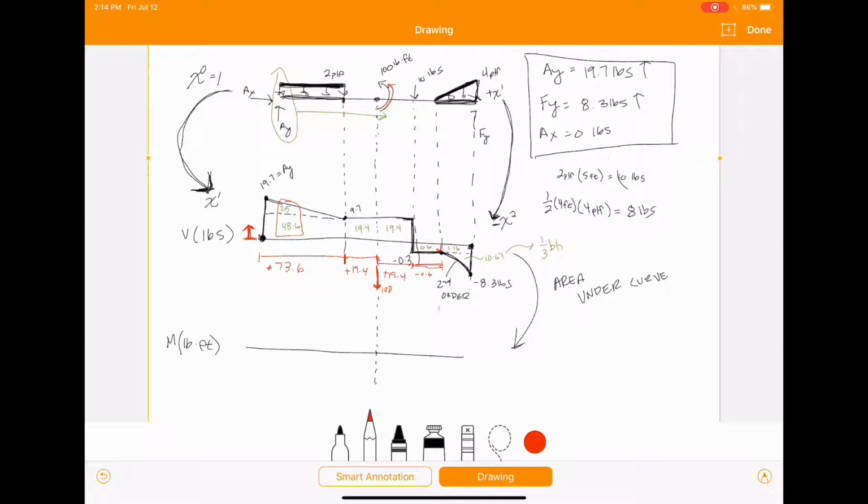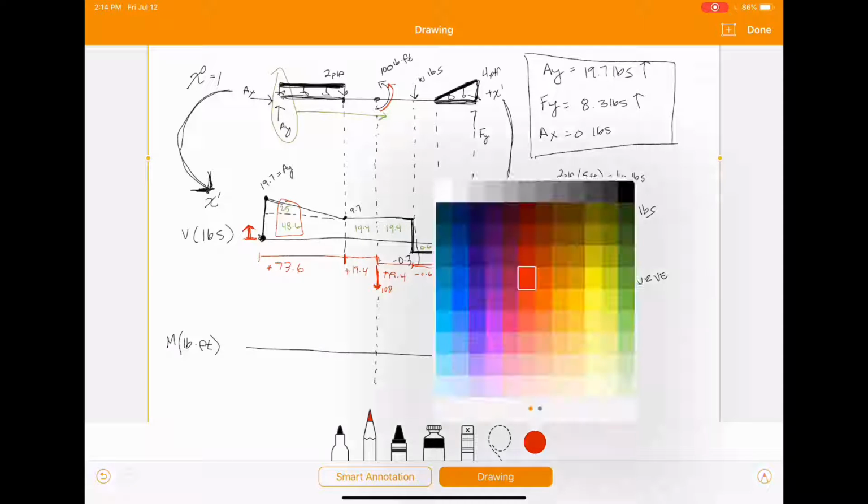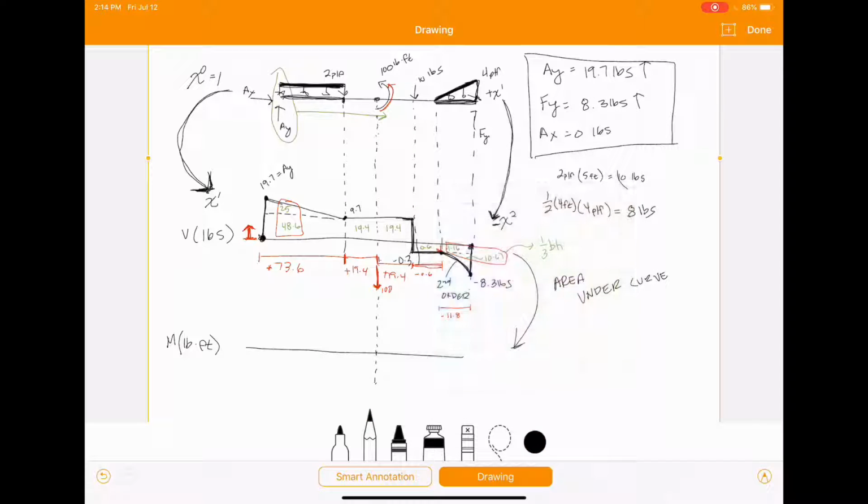And then between here and here, it's going to be this combined value here, which ends up being 11.8. And that's going to be negative. So we have no moment reaction on the left end of the beam, so it's going to start at 0.